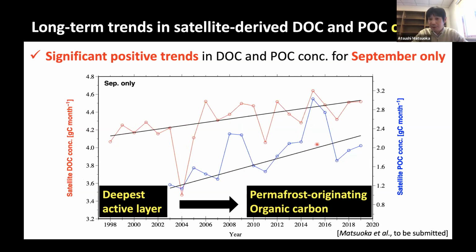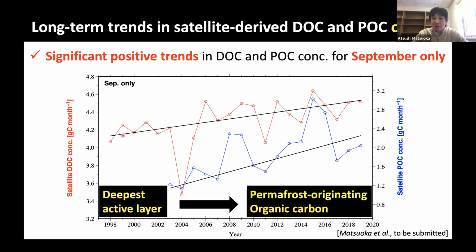A previous study using in-situ data in the Mackenzie Delta showed, using chemical trace elements, that the organic carbon observed in this area, particularly in September, originated from the permafrost thaw. So what we see here, the positive trend in both POC and DOC, suggests that we can see these signatures originating from permafrost thaw from space.